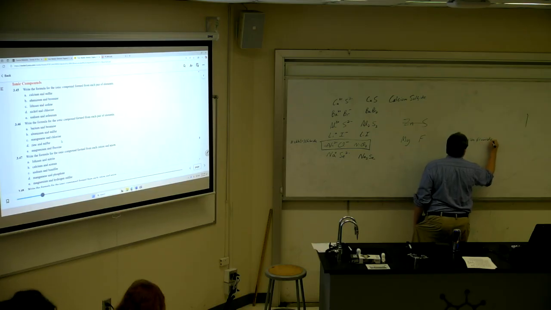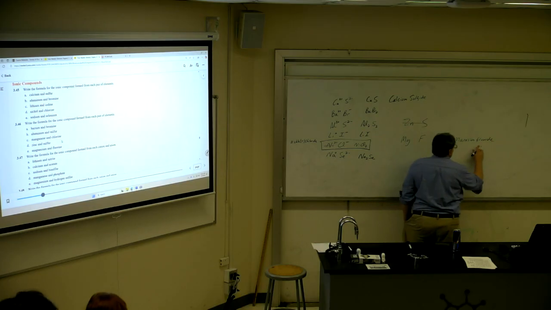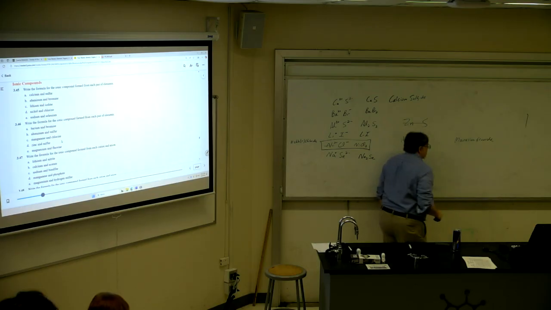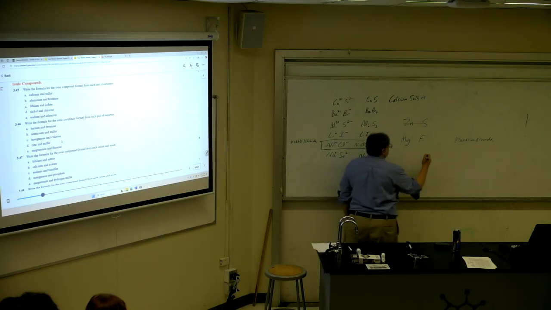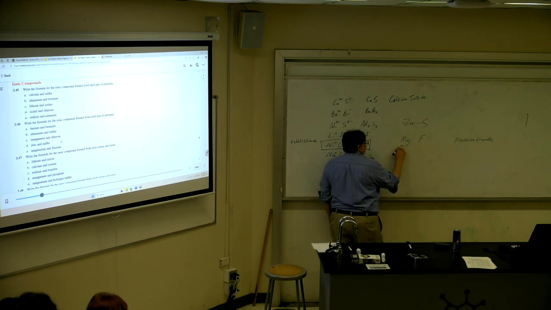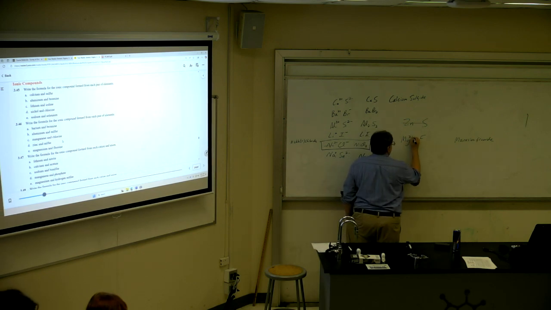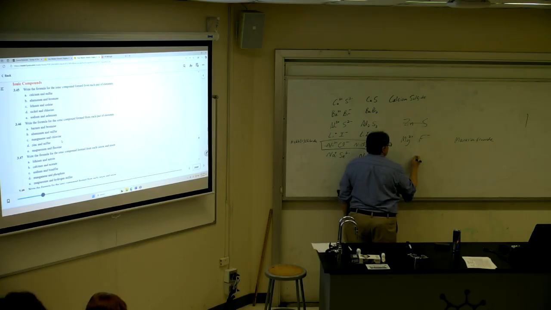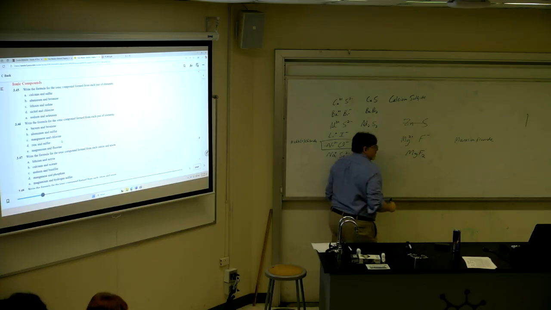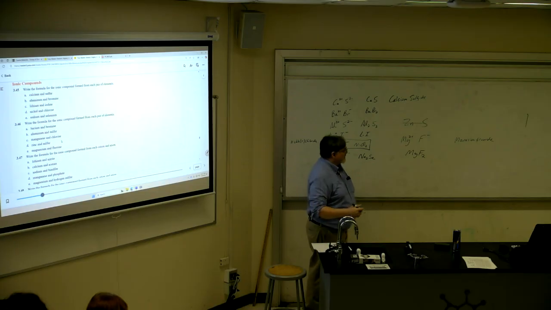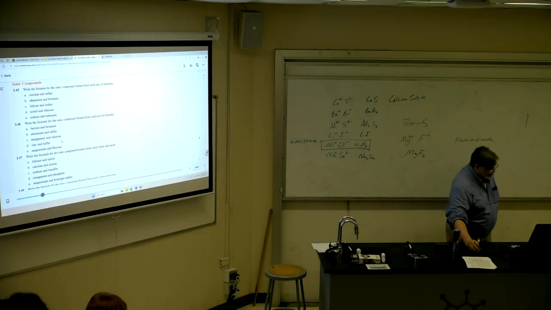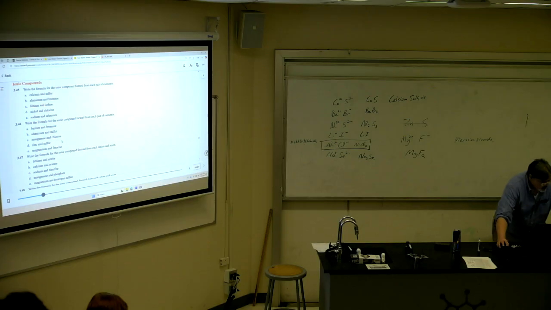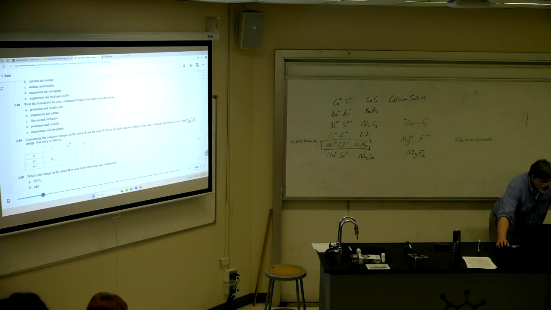For one thing, we can just go ahead and say magnesium fluoride. But what would be the formula? What's the charge on magnesium and fluorine? We're going to need 2 of these, so it'll be Mg. So MgF2 is the formula. The name is magnesium fluoride.